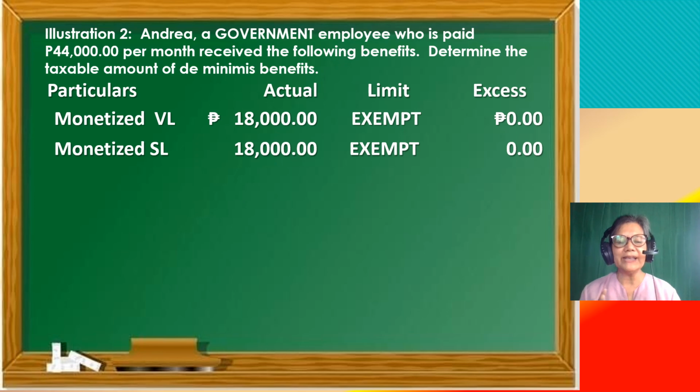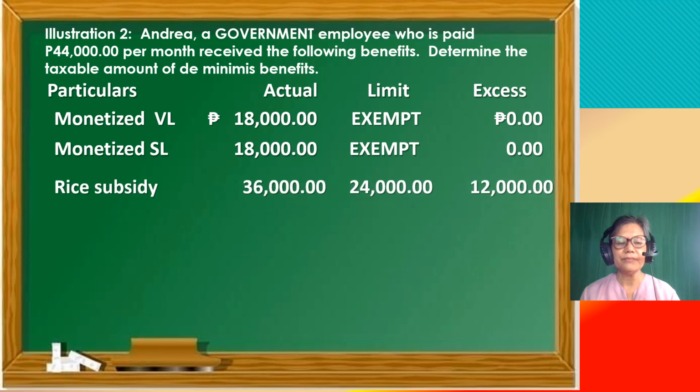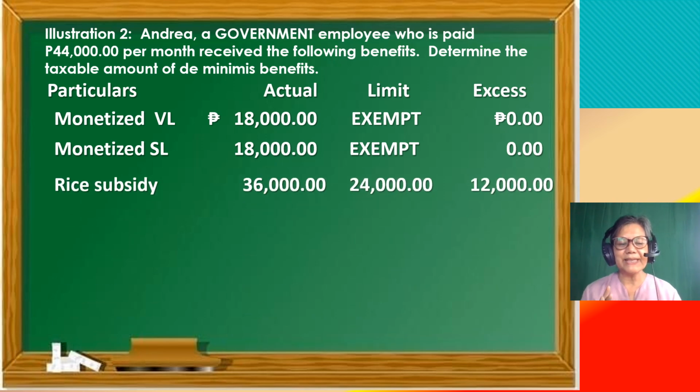Next is monetized sick leave. Same with the monetized vacation leave. The actual is 18,000 because she applied 9 days at 2,000 pesos. So exempt also. Therefore, the excess is 0. Next, rice subsidy. 36,000 was received. The limit is 24,000.